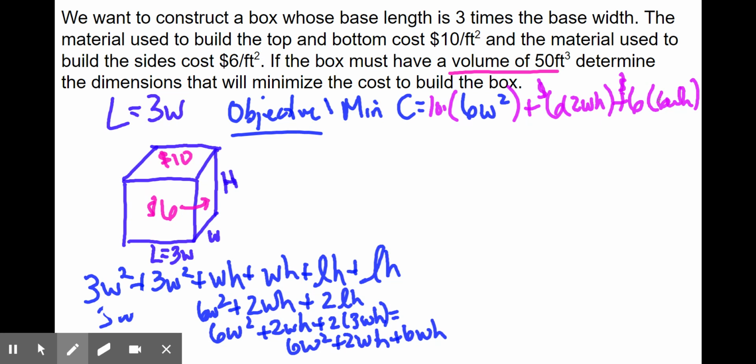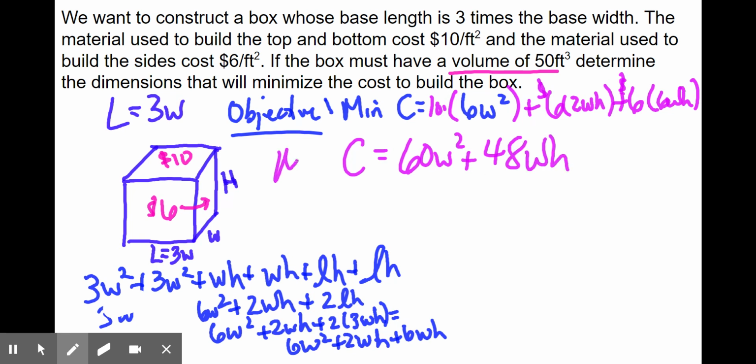So that gives me a minimum cost of 60W squared plus 12WH and 36WH. 12 and 36 is 48WH.